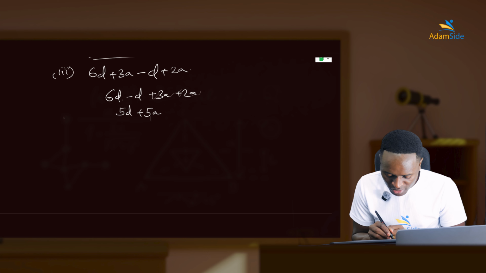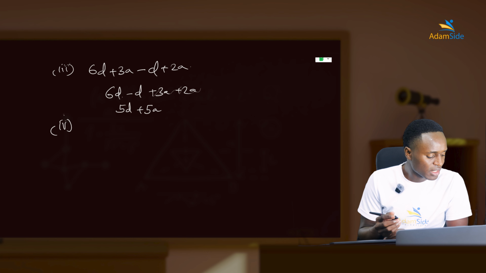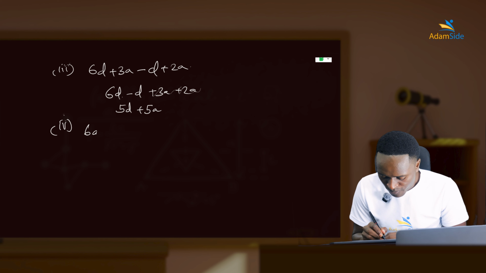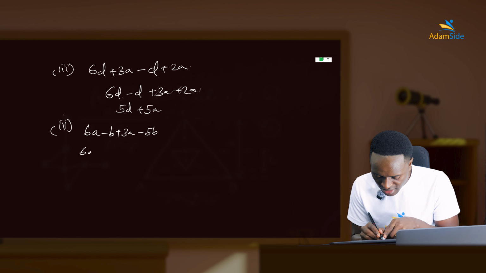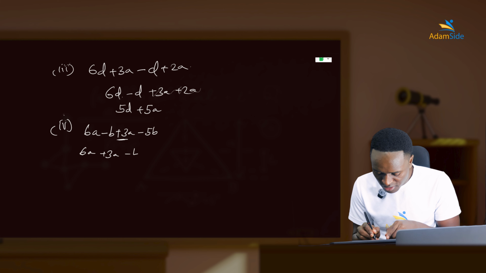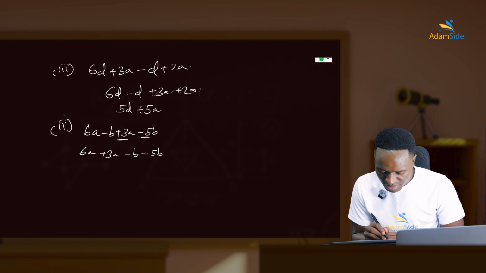And by collecting like terms, you might have another one. Let's say 6a minus b plus 3a minus 5b. You start with 6a, then collect like terms: plus 3a, minus b, minus 5b, taking the sign before.